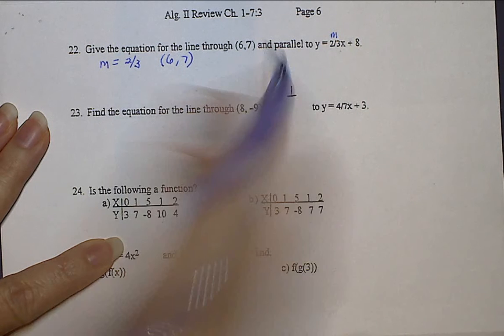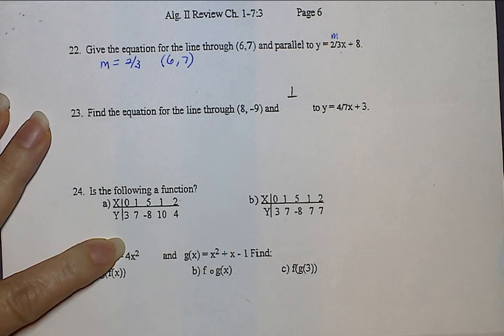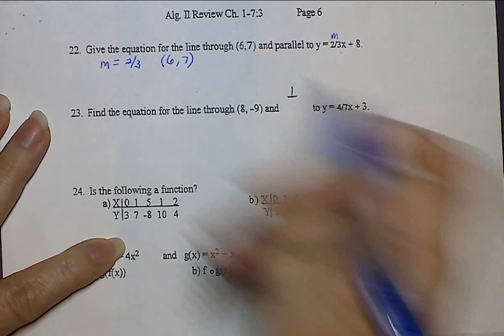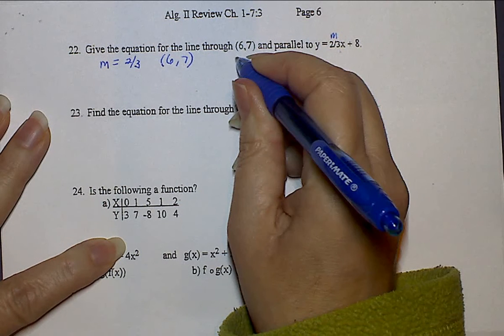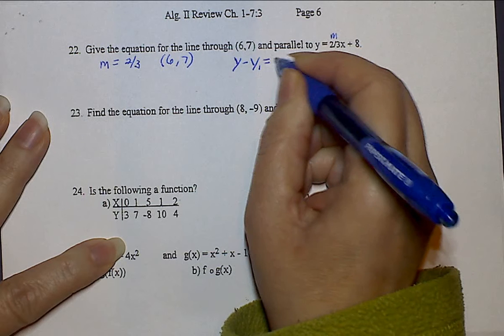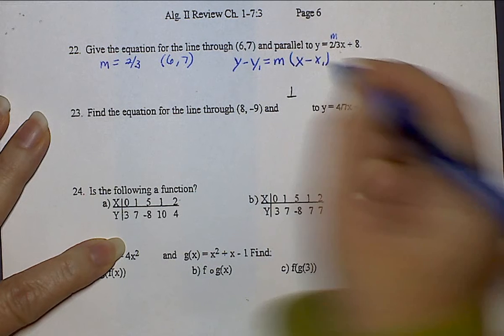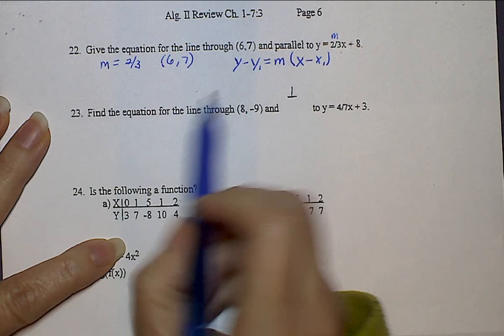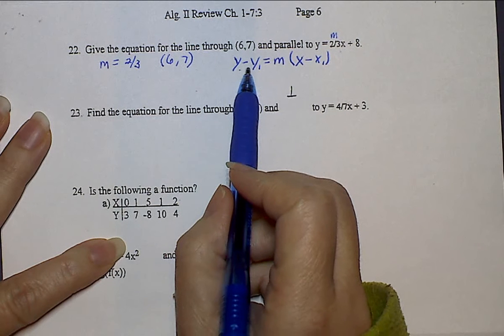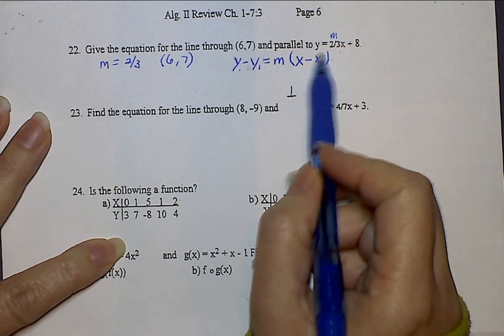Now how can I find an equation for the line? Right, we're going to use that point slope formula. So remember the point slope is y minus y1 equals m times x minus x1. So remember it's whatever's in your y but opposite, and whatever's in your x opposite, and that's your slope.